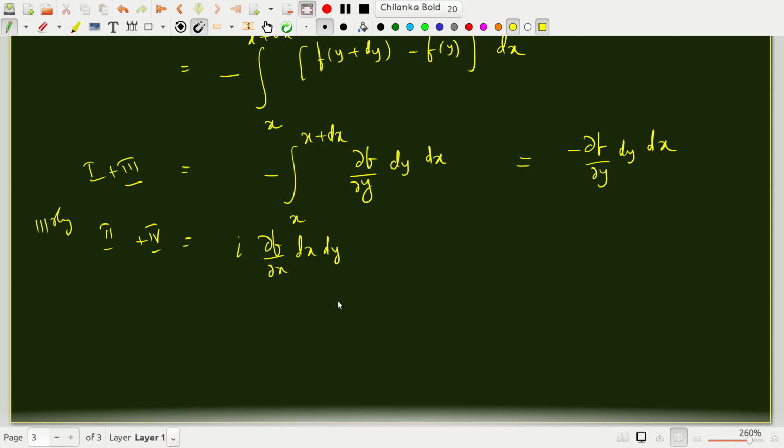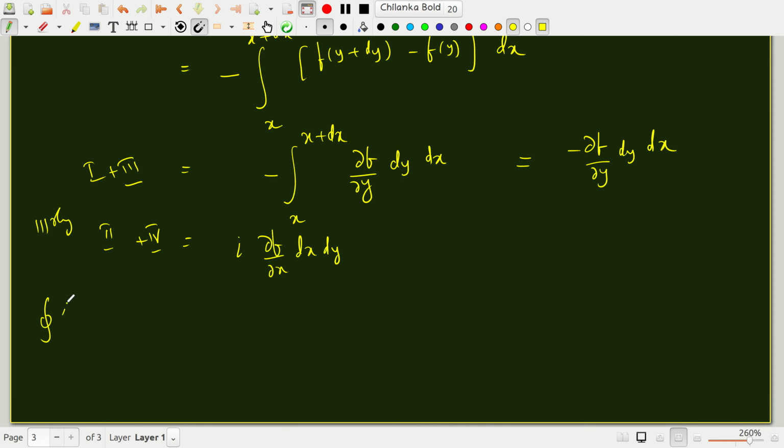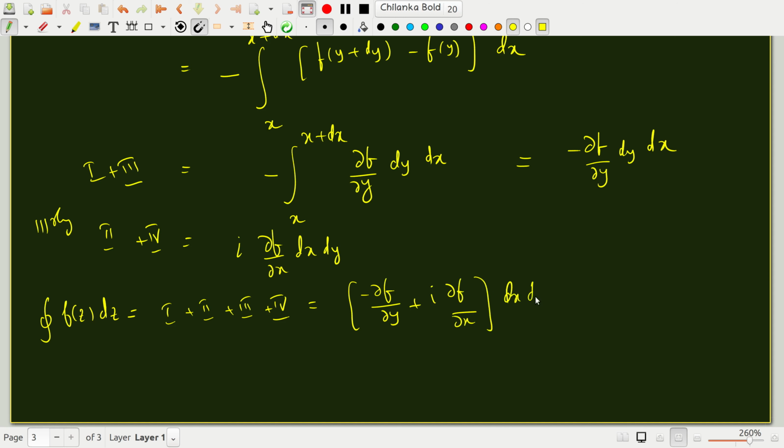So the entire contour integral of f of z dz is nothing but 1 plus 2 plus 3 plus 4, that is equal to the double integral of minus partial f partial y plus I partial f partial x, dx dy.